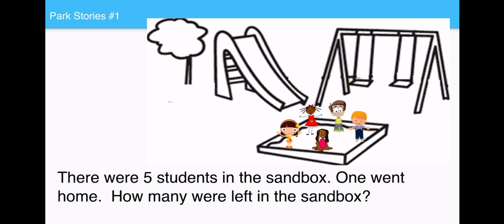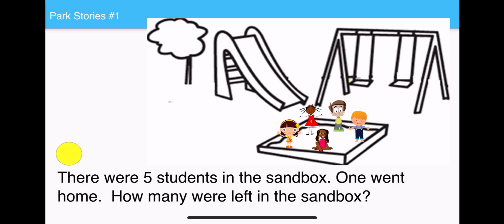Tell somebody that you are with how many counters we will need. Let me give you a hint. It says 5 students. So that means we'll need what? 5 counters. Good job.